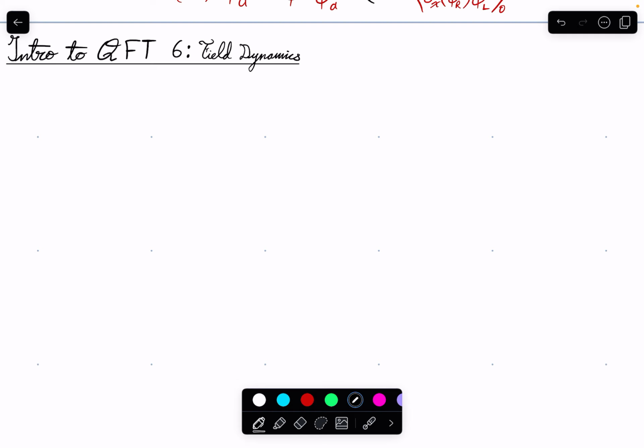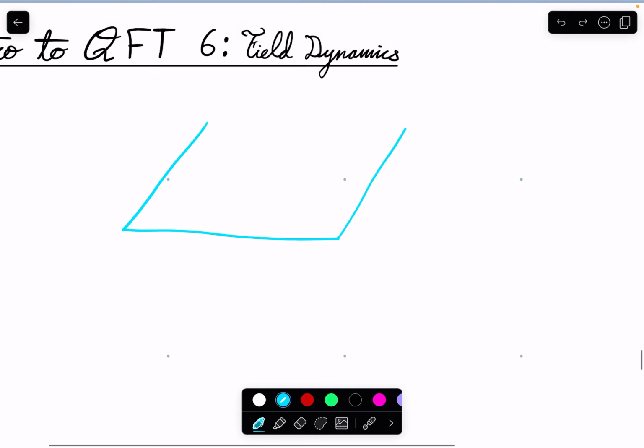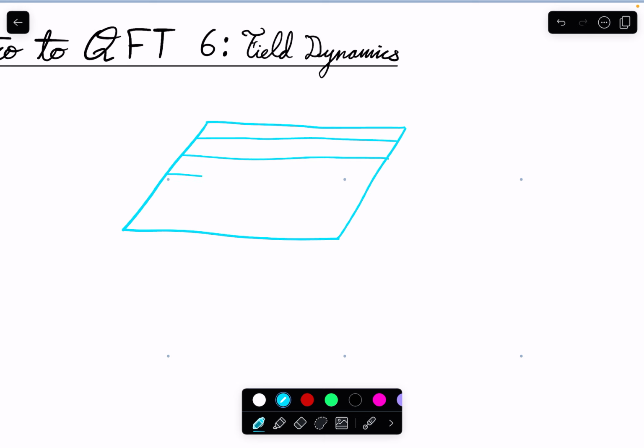So I can draw a scalar field. For example, I'll use blue. My hand covers that part, so I need to draw from the other direction. So we can imagine this as a scalar field.